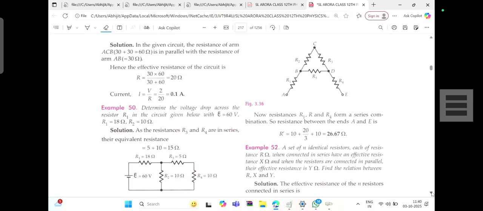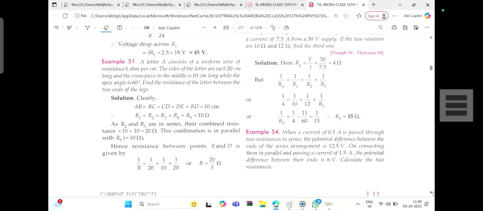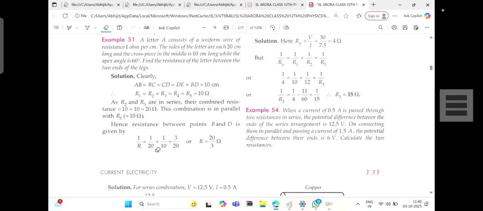You can see here that R2 and R3 are in series, as I2 current flows through R2 and R3. The equivalent resistance of R2 and R3 is in parallel combination with R5. So 1 by r equals 1 by 20 plus 1 by 10 equals 3 by 20.